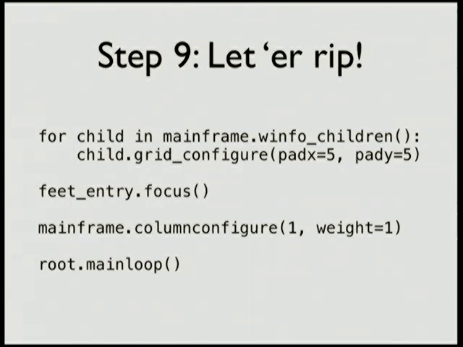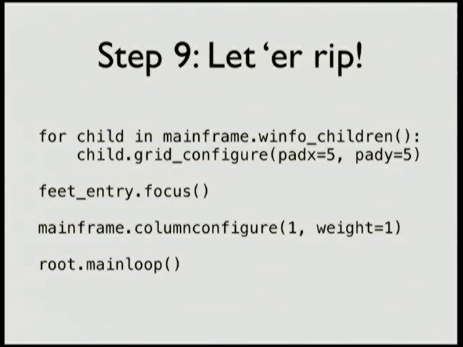Here, we're going to modify the weight of column 1 to be 1, so all of the weight will be stuck to the middle column. When you expand the window, it means that of your 3 columns, all of the expansion will happen in the middle. The outside 2 columns will basically stay exactly the same width. And then you run the main loop, and off you go. You will have a running application on your desktop that's doing the calculations.